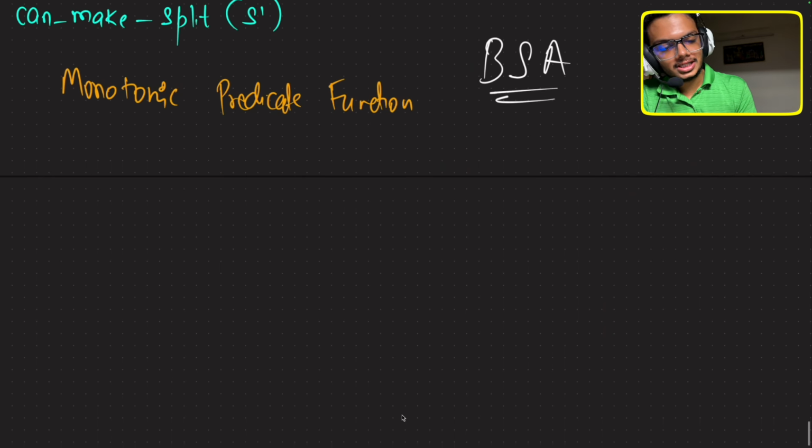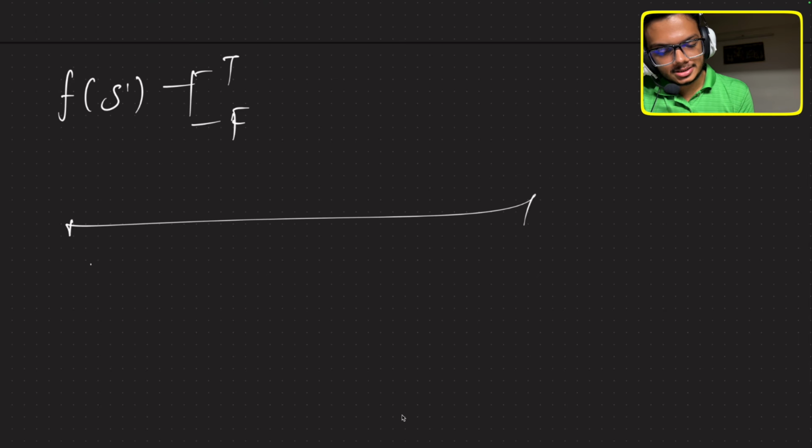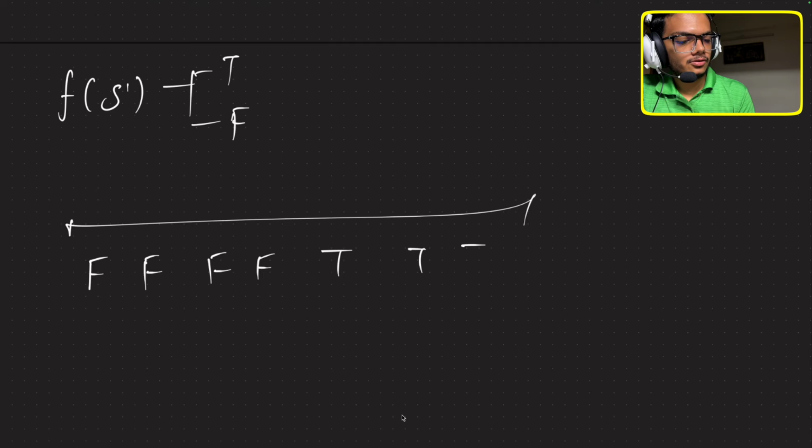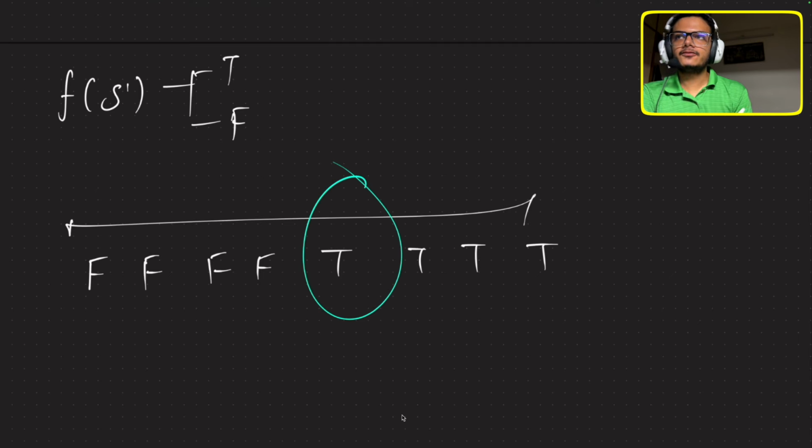So more concretely, if you are given a monotonic predicate function, here we have f of s dash, right? It returns true when we can create k splits using some s dash, or false if we cannot create k splits. You can definitely do a binary search on this answer space, where it is all falses followed by all trues, to find the first true t.